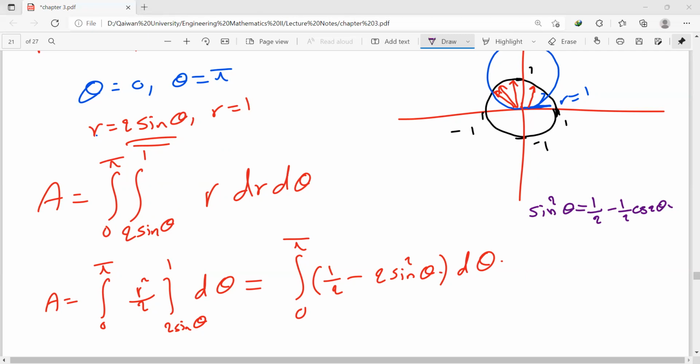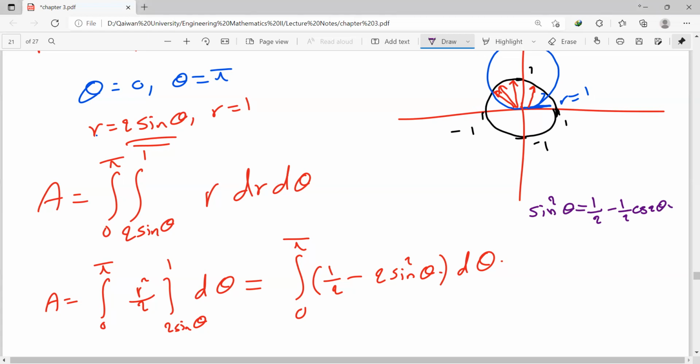Yes, cosine squared of x is 1 plus cosine 2x over 2, but for sine it's 1 minus cosine 2x over 2.